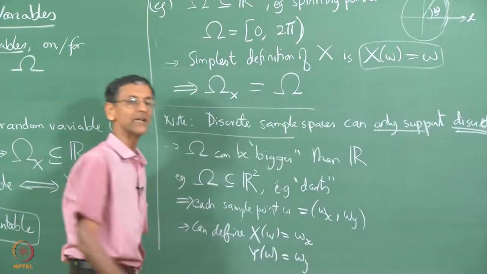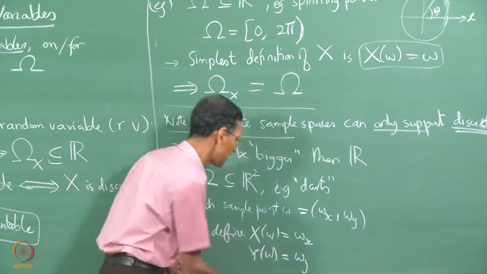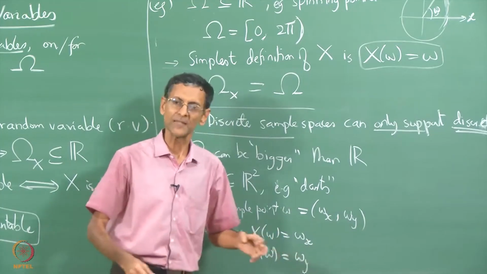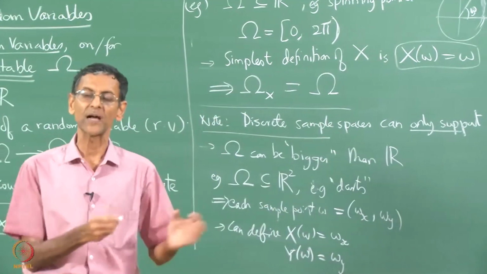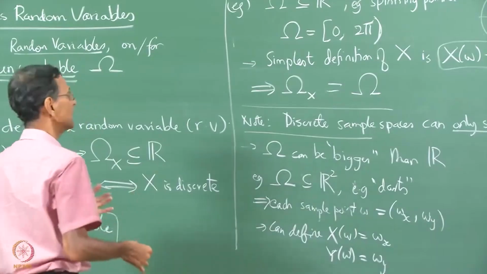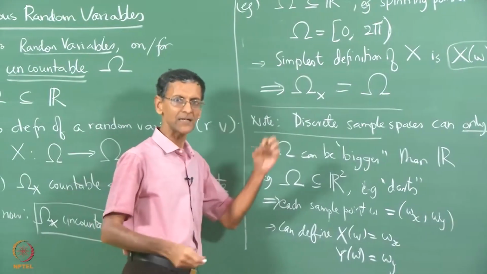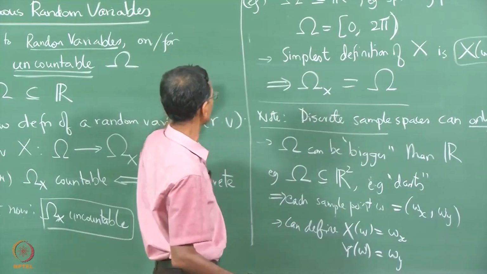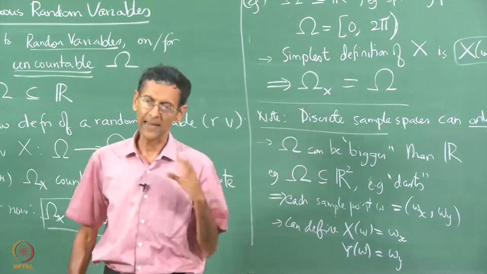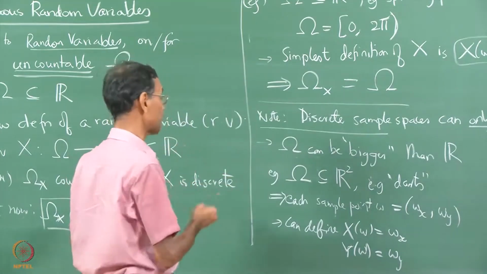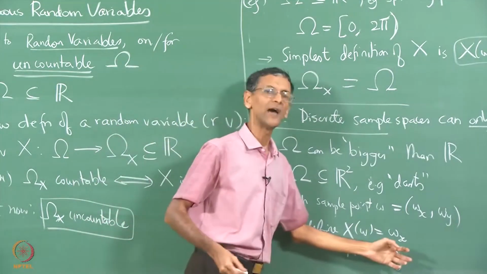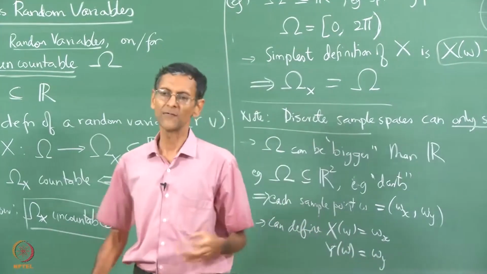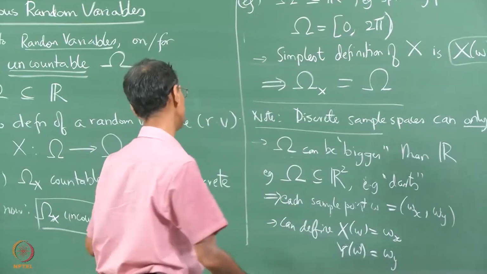This gives you two different random variables, assuming that omega x and omega y can vary independently of each other, which is true for example in the darts case. If you pick the x and y axes, you throw it here, here, here, and here. Obviously there are 2 degrees of freedom, and the value taken by omega x does not tell you anything about the value of omega y in a particular trial.